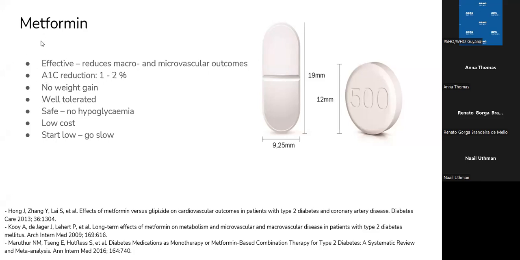It is not associated with weight gain. It usually is well tolerated, especially if you start low and go slow. It is safe. No hypoglycemia is associated with metformin. It's a low-cost treatment. Remember, start low and go slow.